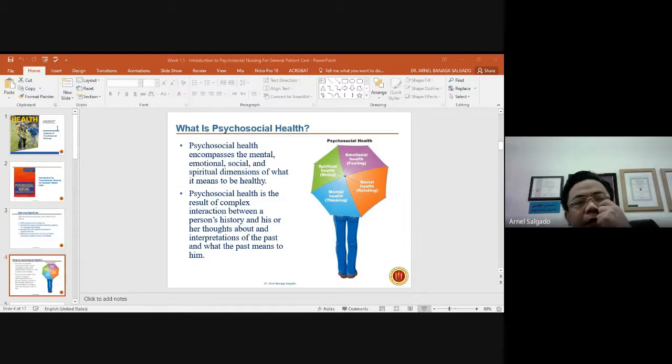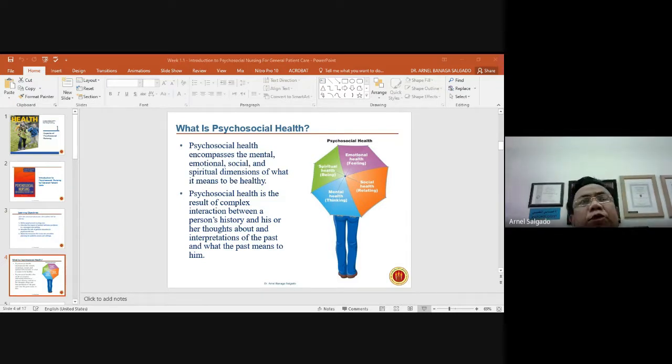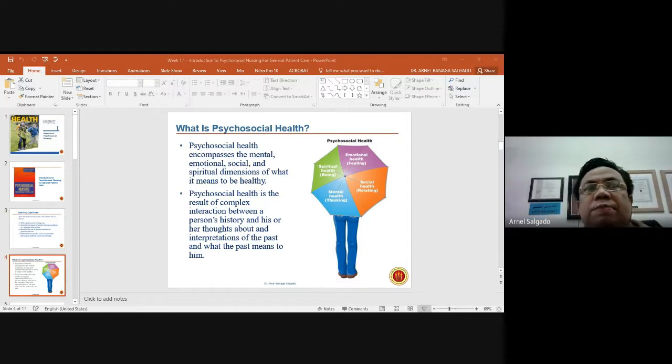Now, psychosocial health is the result of complex interaction between a person's history and his or her thoughts about and interpretations of the past and what the past means to him. We have been taught in our college education that before you will understand the condition of the patient, you need to understand the history.